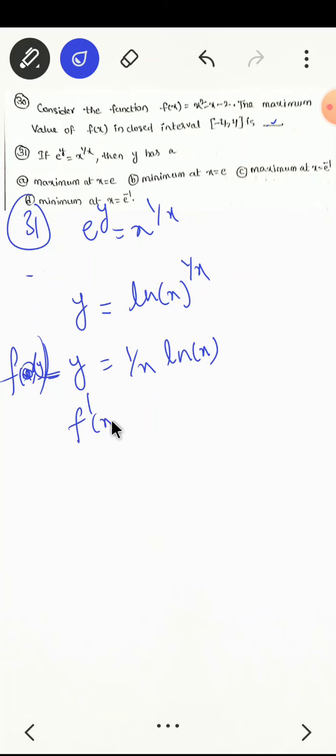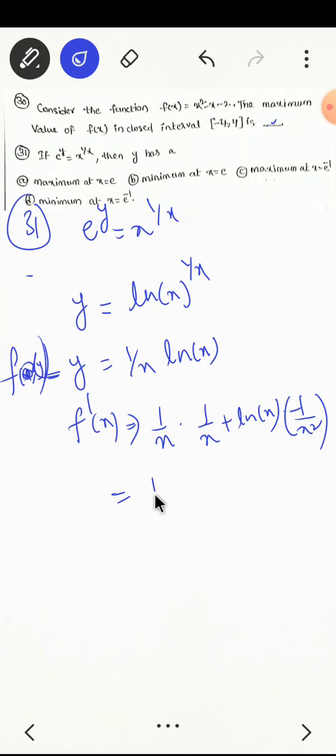Suppose function f of x is equal to y is equal to 1 by x ln of x. Then do f dash of x. F dash of x will be 1 by x into 1 by x plus ln of x into, I am doing differentiation of u into v, ln of x into this will be minus 1 by x square. Then what we will get, 1 by x square minus 1 by x square into ln of x.